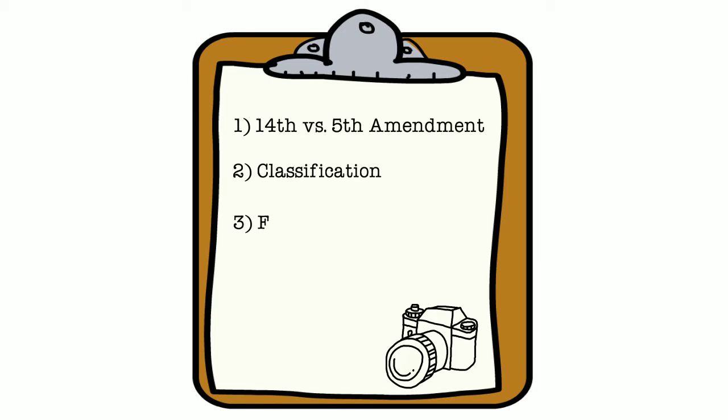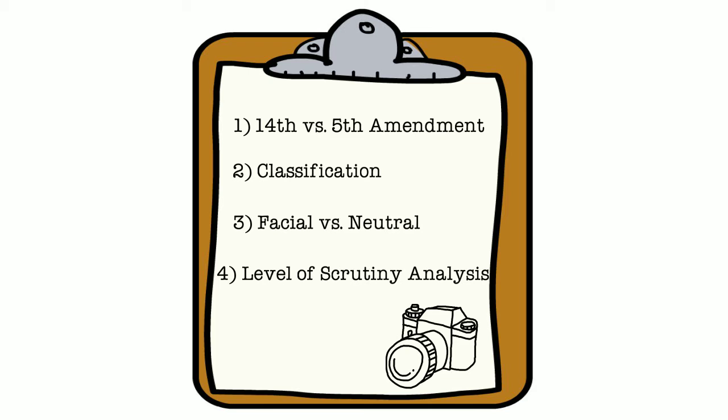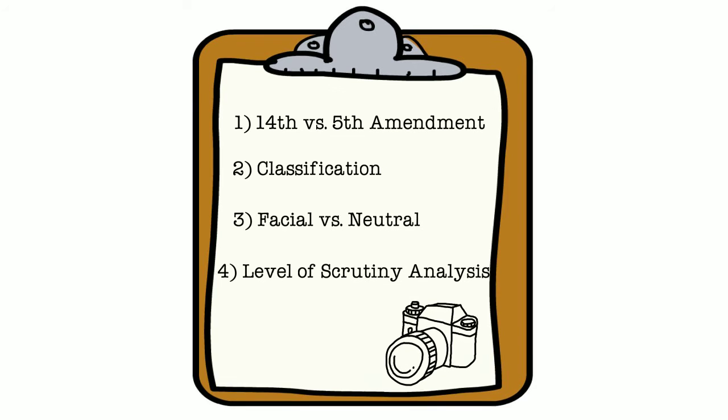Third, examine whether the discriminatory law is facially discriminatory or facially neutral with a discriminatory impact and purpose. Fourth, make arguments as to whether the means and purpose of the federal or state law satisfy the various tests for the levels of scrutiny.